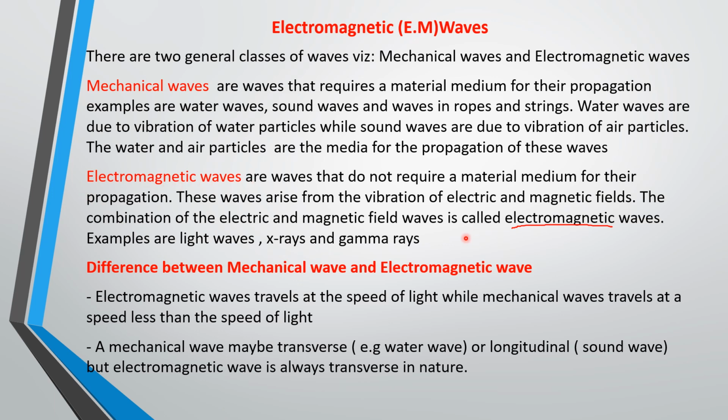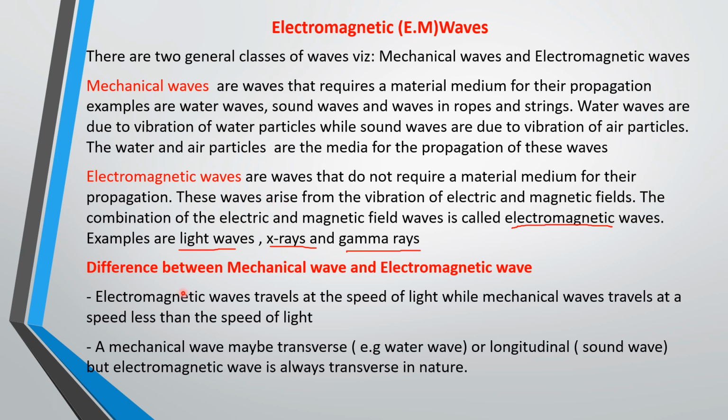And the typical examples of electromagnetic waves are light waves, X-rays and gamma rays. Okay, so these are typical examples of electromagnetic waves. There are other examples I will discuss as we progress in this particular video. So by the time we're looking at the electromagnetic spectrum, you see other types of electromagnetic waves.